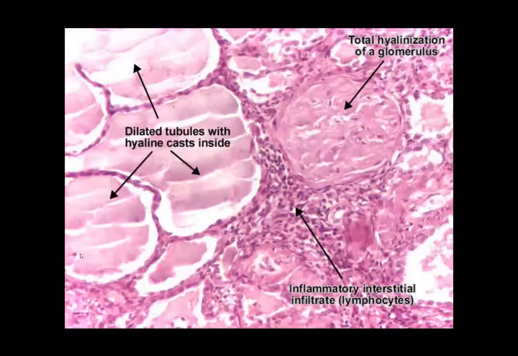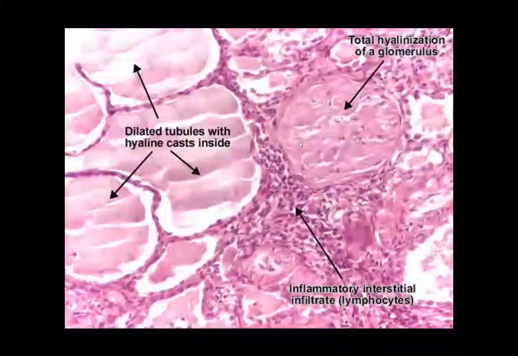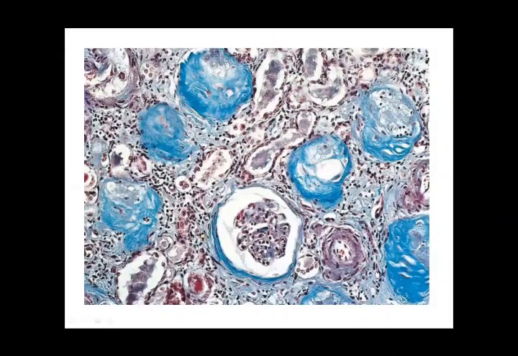These are dilated tubules with a hyaline cast inside. They are dilated, but they are useless. The cells have atrophied in those tubules. Inflammatory interstitial infiltrate, and then there is hyalinization of the glomerulus. This is another stain, Giemsa stain.